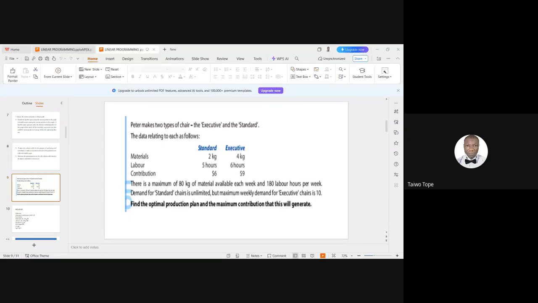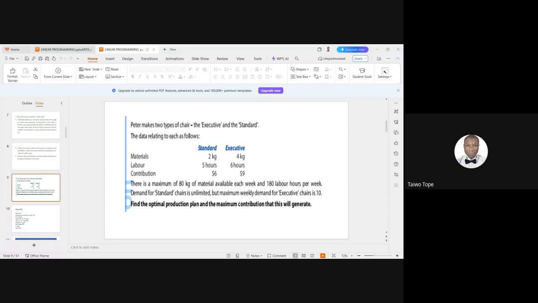And we said the feasible region is the region or the area that satisfies all constraints at the same time. So every point inside this region is termed a possible solution to the limited resources. The optimal solution, we said, lies at the corner of the feasible region.